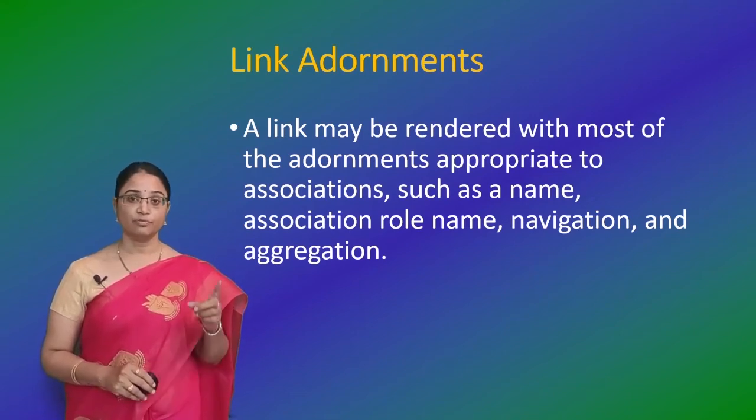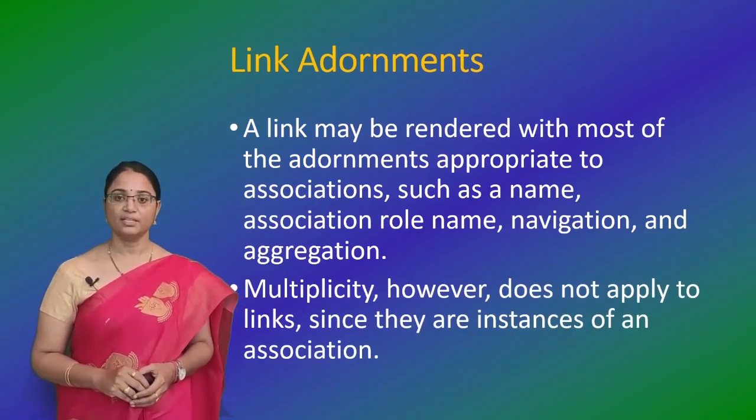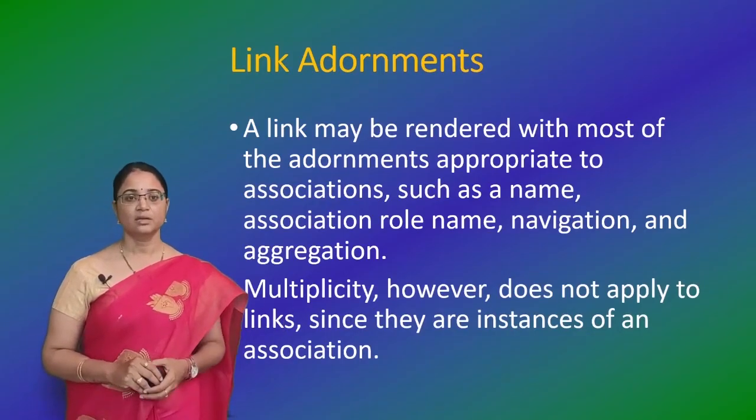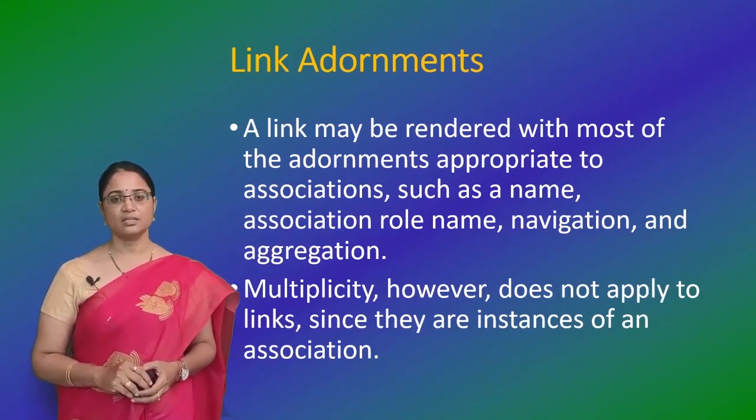One important point we need to consider is that we cannot use multiplicity while specifying links. Multiplicity, however, does not apply to links since they are instances of an association.